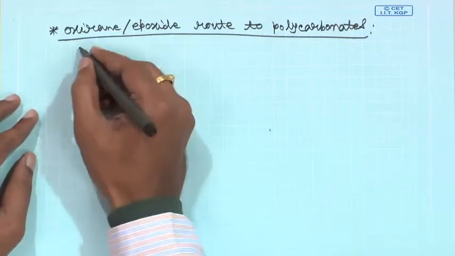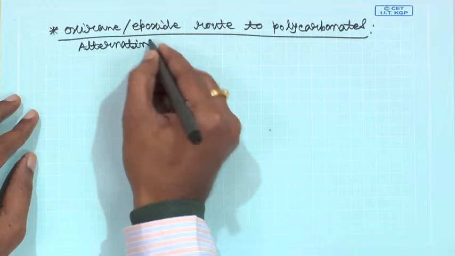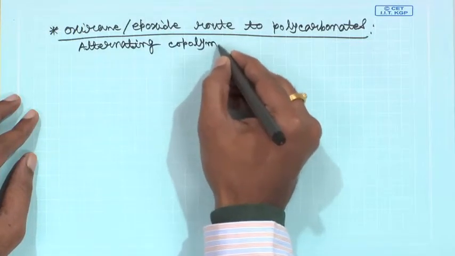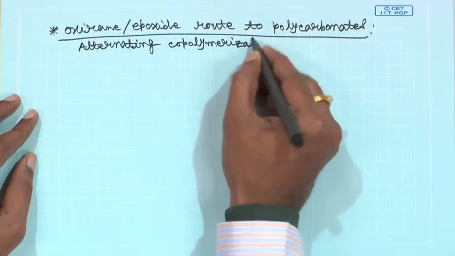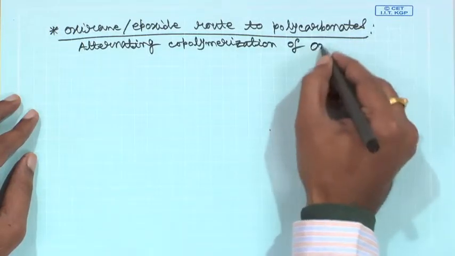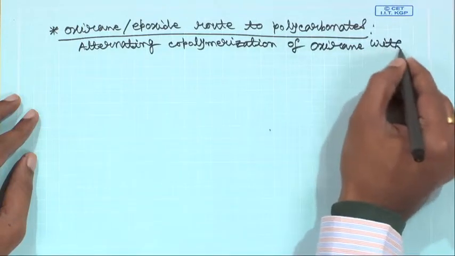Basically, this is an alternating copolymerization of an epoxide, or oxirane, the same thing basically, with carbon dioxide.